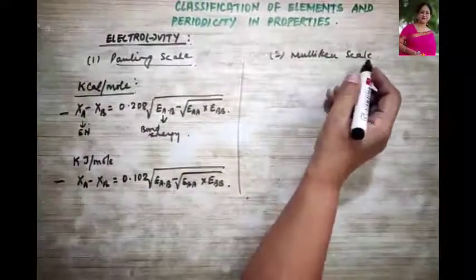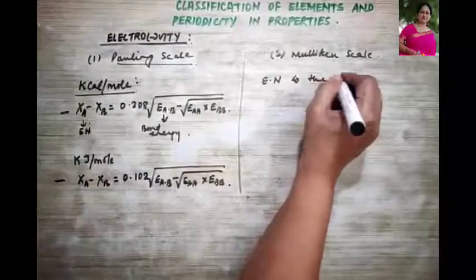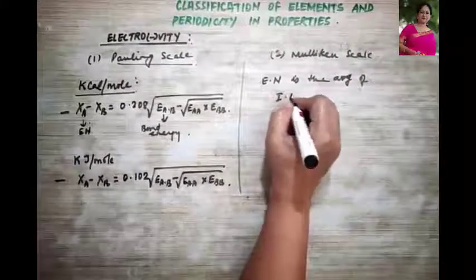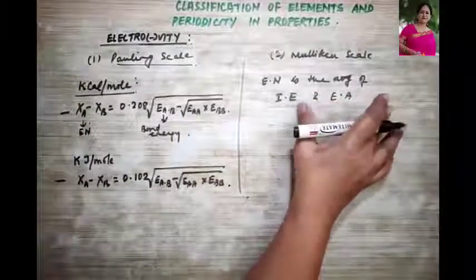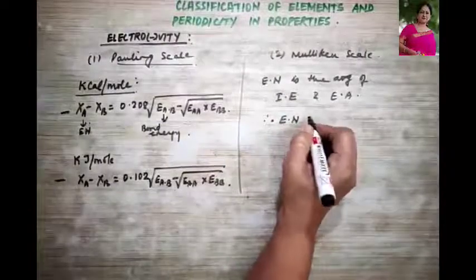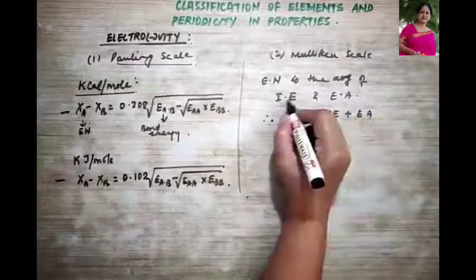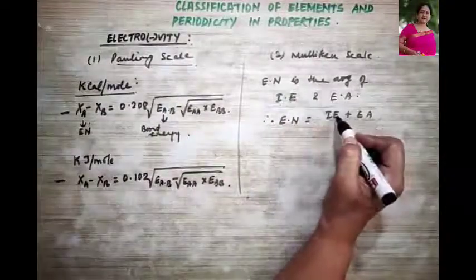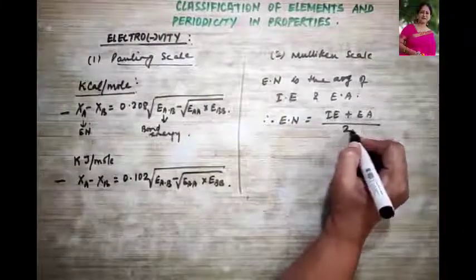Fine. For Mulliken scale, the electronegativity is the average of the ionization energy and the electron affinity. Okay, therefore over here the electronegativity will be equal to IE plus EA, IE means ionization energy, plus electron affinity upon 2.